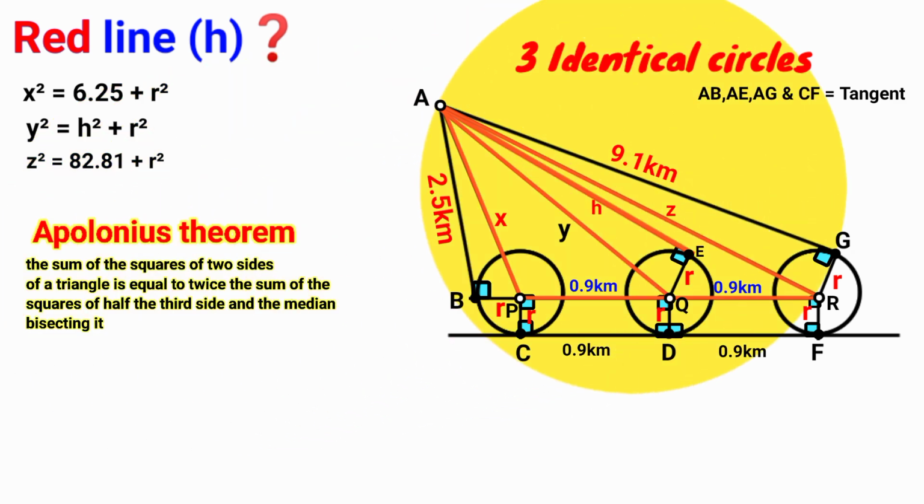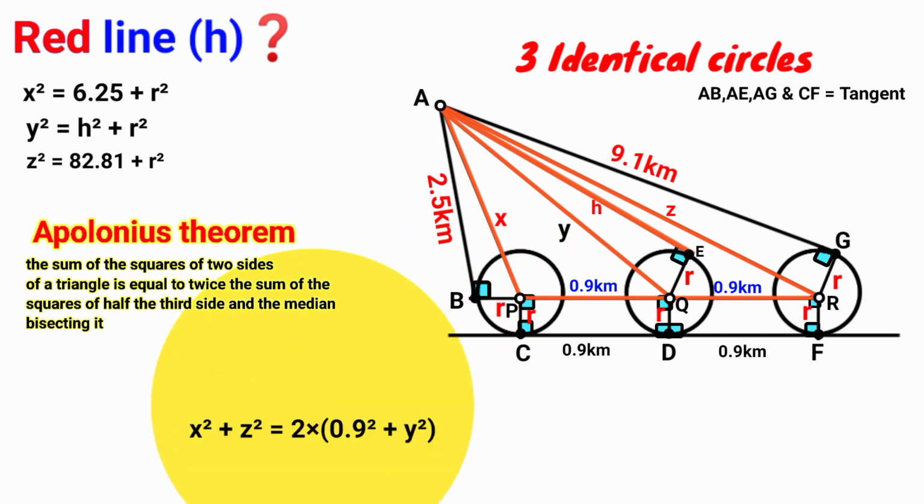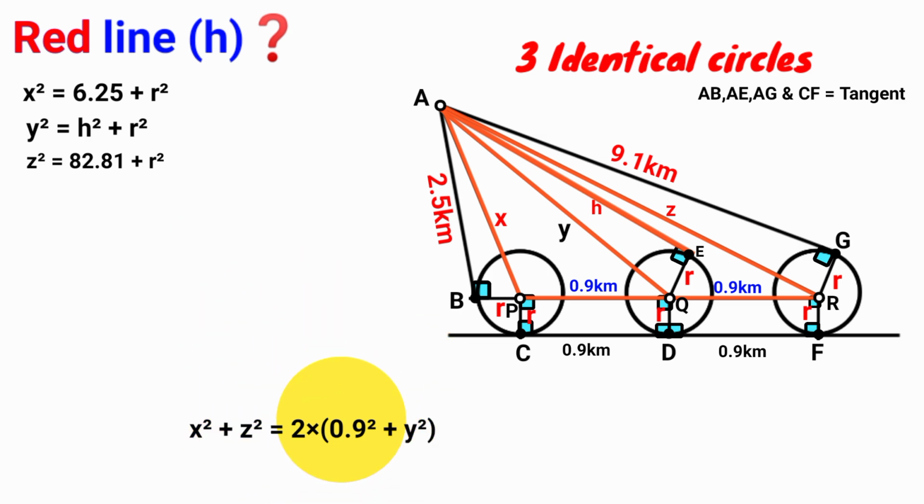So by this rule here, the sum of the squares of this x and this z must be equal to 2 multiplied by the sum of the squares of half the length of this side, which is 0.9, and the square of this y. So x squared plus z squared equals 2 times 0.9 squared plus y squared. 0.9 squared is 0.81. 2 times 0.81 plus y squared is 1.62 plus 2y squared.